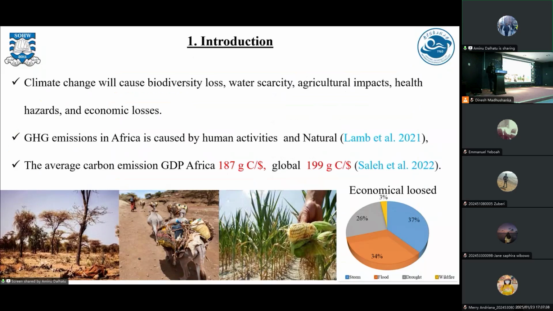Also, worldwide and in Africa, greenhouse gas emission is caused by two factors: human activity and nature.